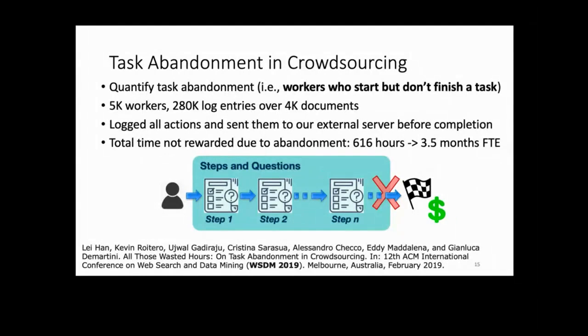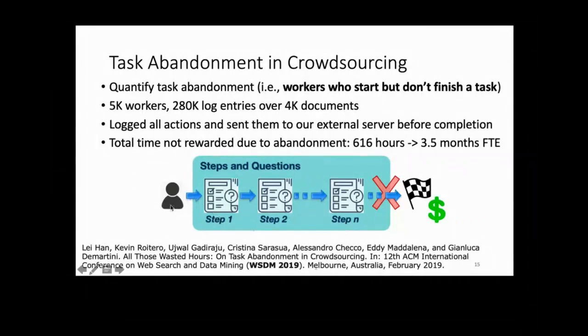Looking at the crowdsourcing example, we have crowd workers completing tasks and sending these labels back to the platform and then to the requesters who are paying for the labels. One thing that happens is that, as we have seen in the first slides, we might have 10 questions that workers have to answer to complete a task, represented here by n steps.